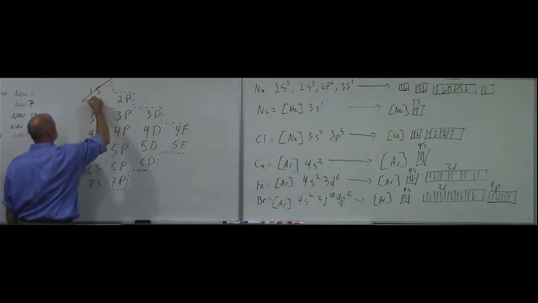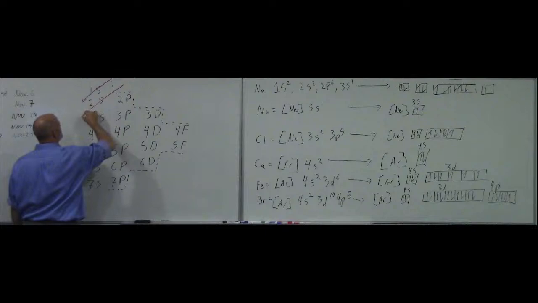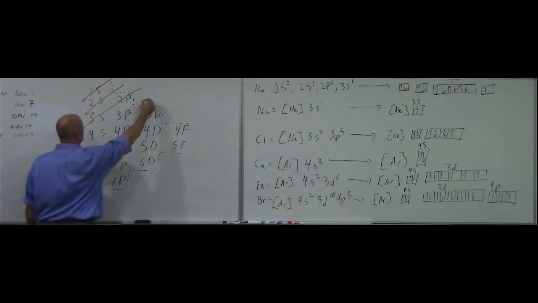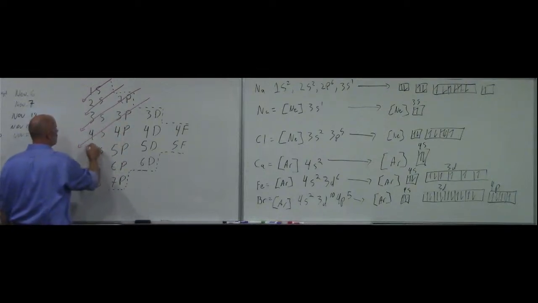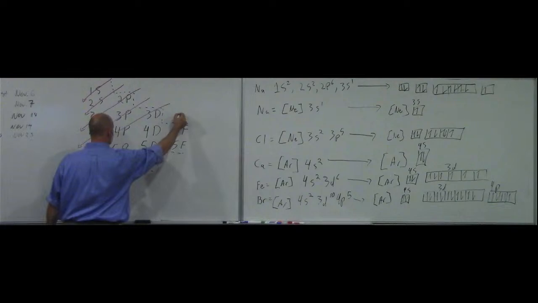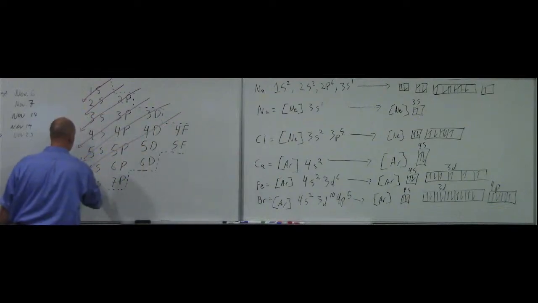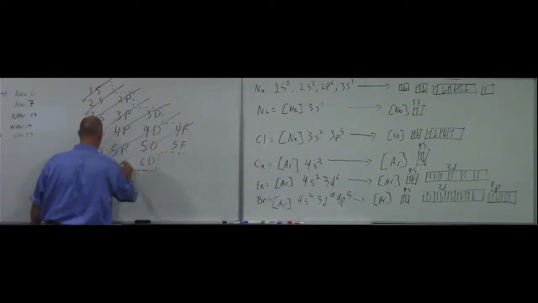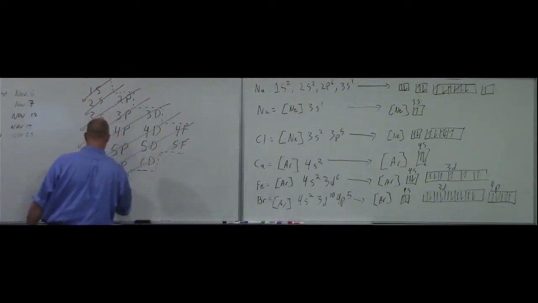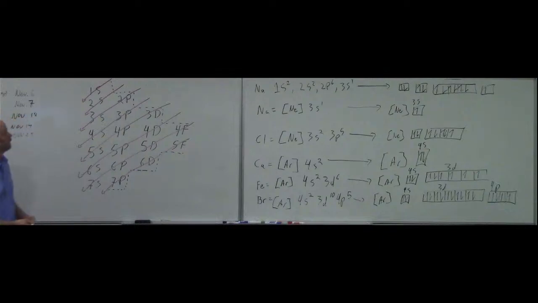Fill that first, then I fill this, then I fill here, then here, and here. So when I look at it like this, this shows me the exact order that these things fill in.